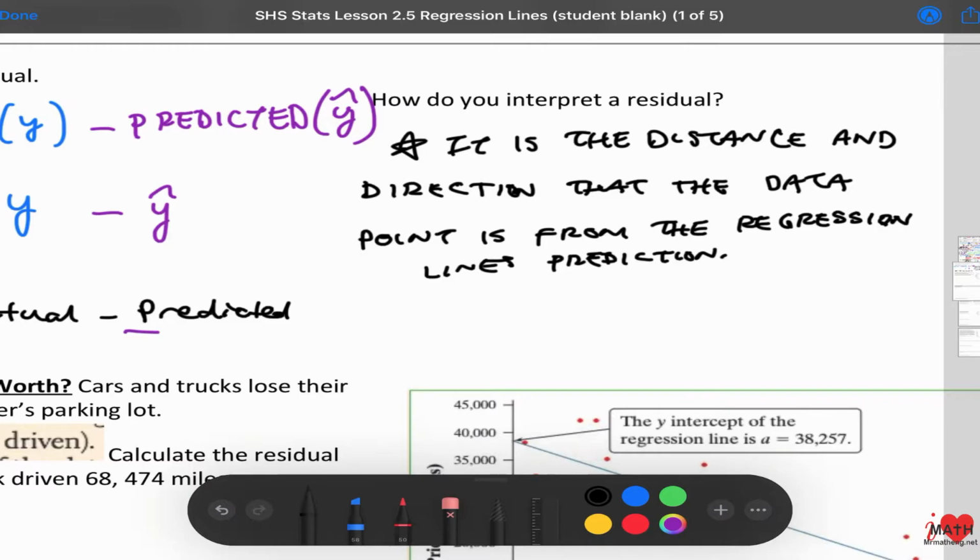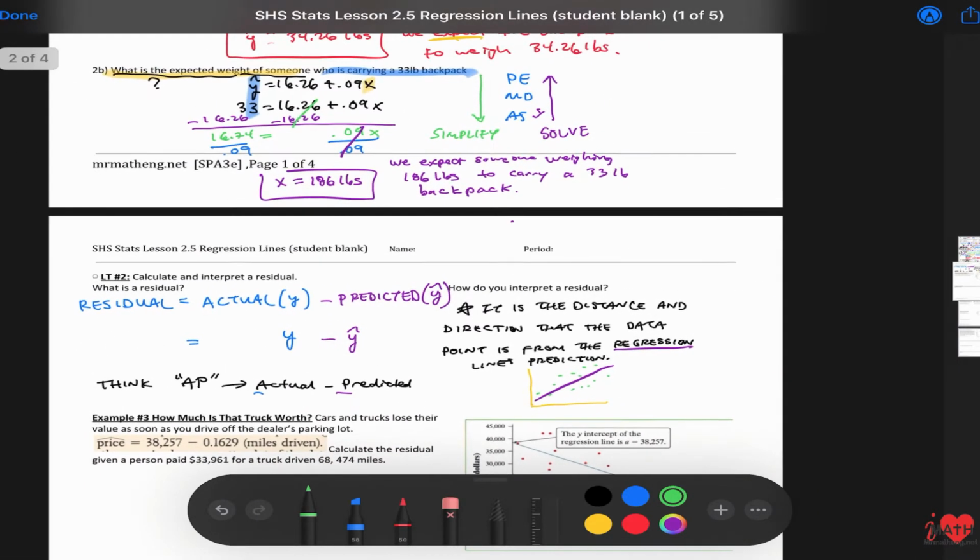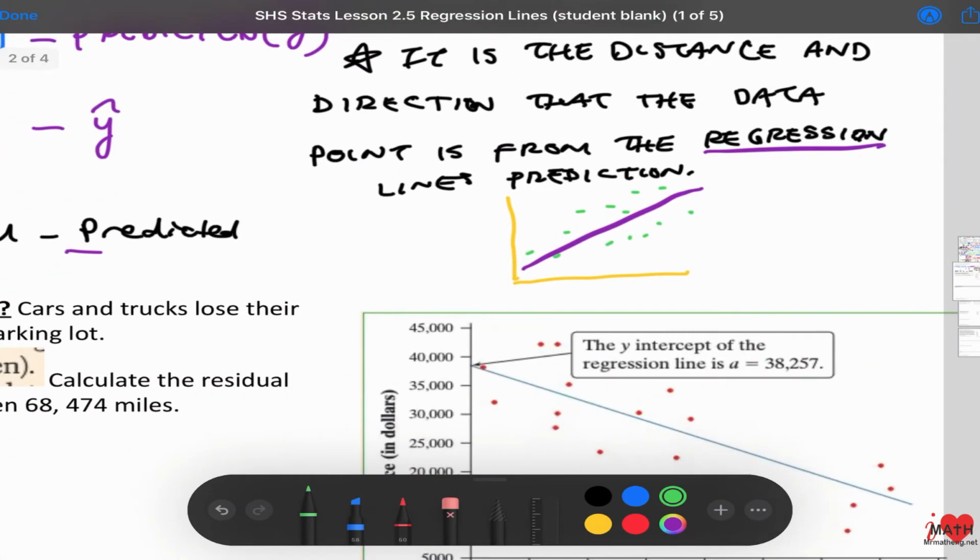All right, since we just did the backpack problem, let's do it again. That's my regression line, let's make that more obvious. The regression line is purple, and this represents all of the people's data points. X was the person's weight, and then the backpack weight.